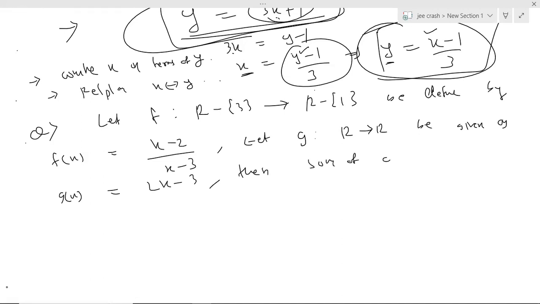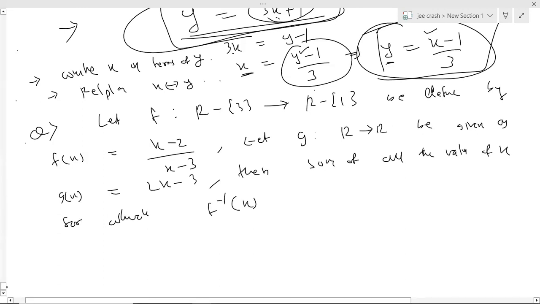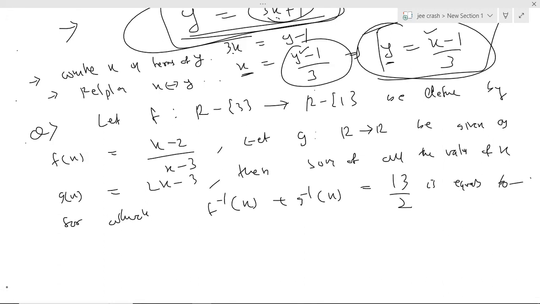Then the sum of all the values of x for which f inverse x plus g inverse x equals 13 by 2 is equal to? Don't think too much. Find the inverse function of f, find the inverse function of g, put the values, solve the equation, and you will get the answer. Will you try this yourself? Yes.